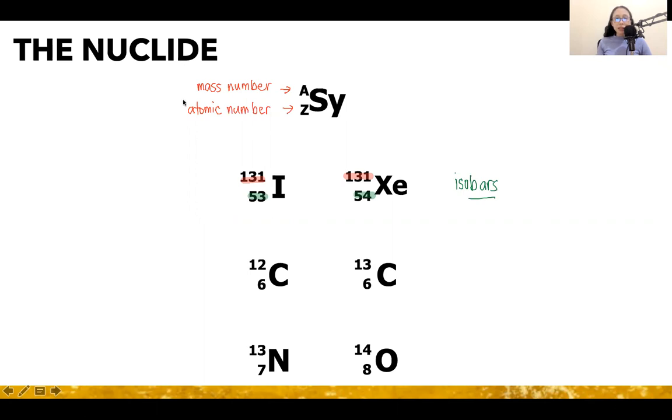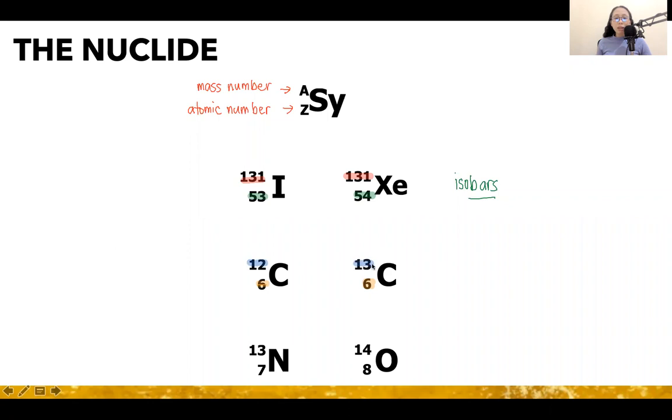Next, let's look at the second pair. Notice that they have the same atomic number, hence, both of them are carbon atoms, but they differ in the mass number. So, this carbon has a mass number of 12, so it's carbon 12.